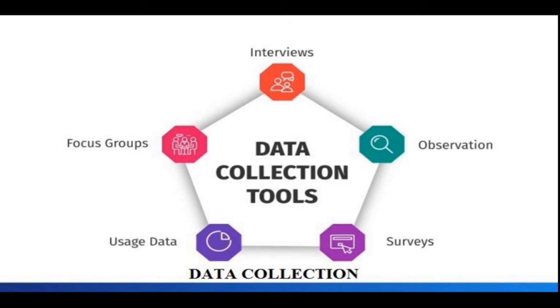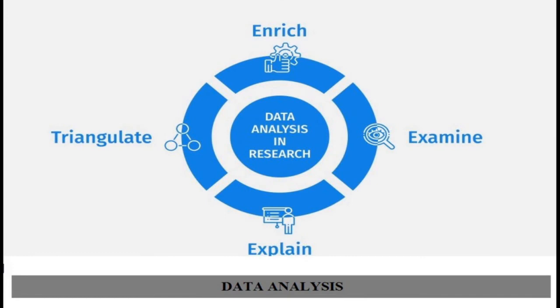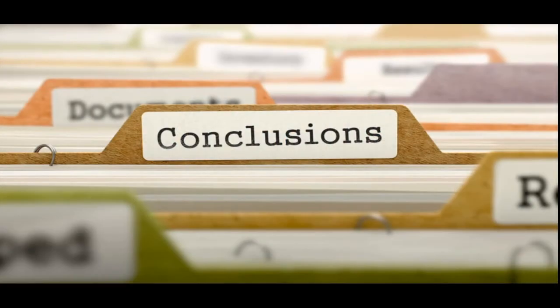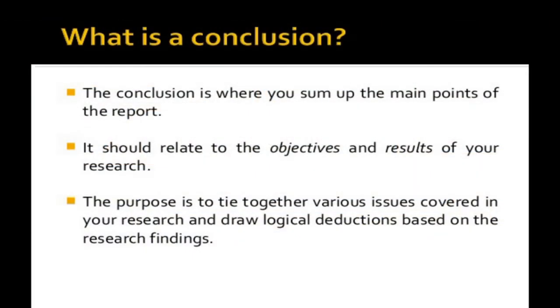After collection of the data, the sixth point is data analysis. We bring data into order. We make a systematic organization of the data and we analyze. On the basis of analysis, we go for the seventh point, that is drawing the conclusion, where you test your hypothesis.